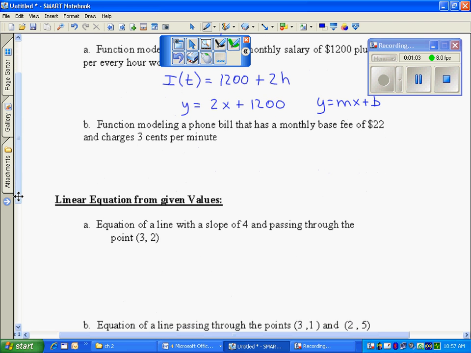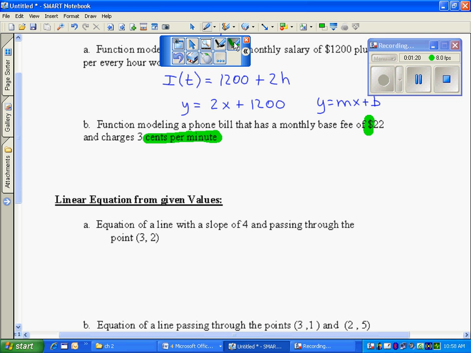Function modeling a phone bill, and I'm charged $22 plus 3 cents per minute. We must be careful. We're looking at dollars and cents per minute, so we need to make sure our units are the same.